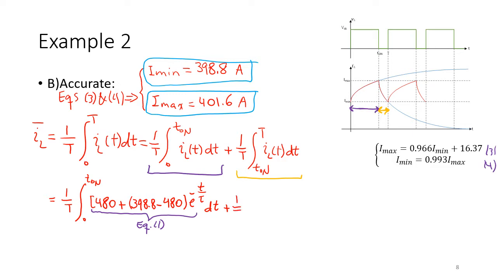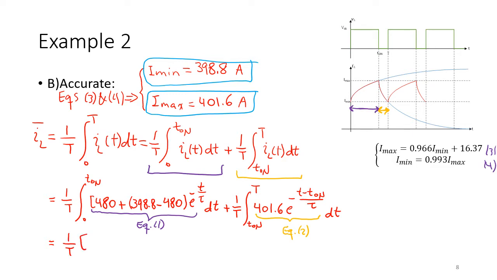And here, from T on to T, we have 401.6 e to the minus (t minus T on) over tau dt, and here is equation 2. We just put in the I max that we found in equation 2. The rest is just simple math calculation.